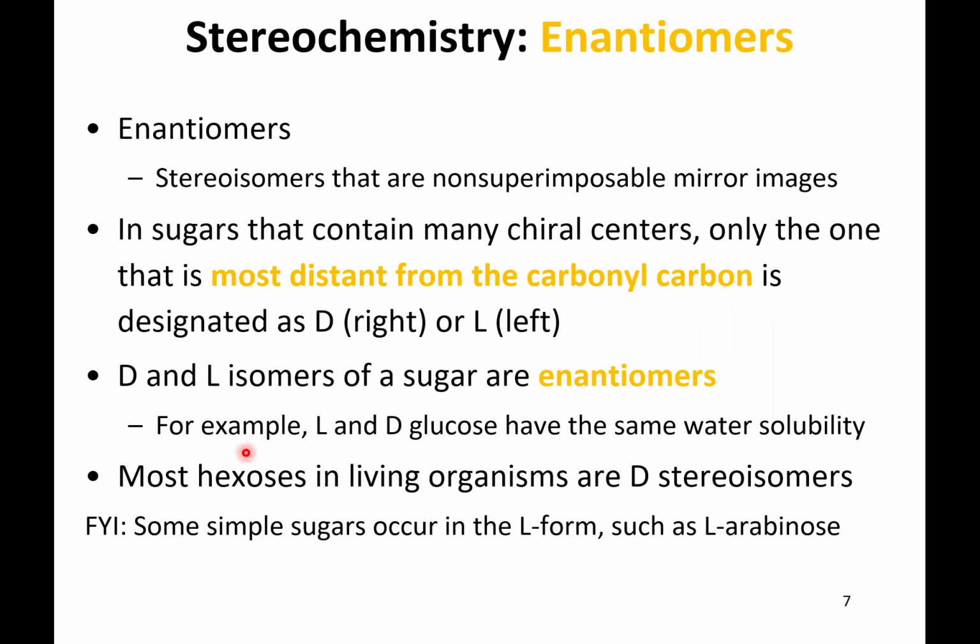D and L isomers of a sugar are enantiomers. They're non-superimposable mirror images of each other.